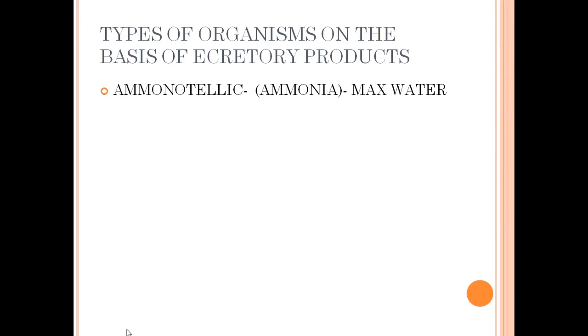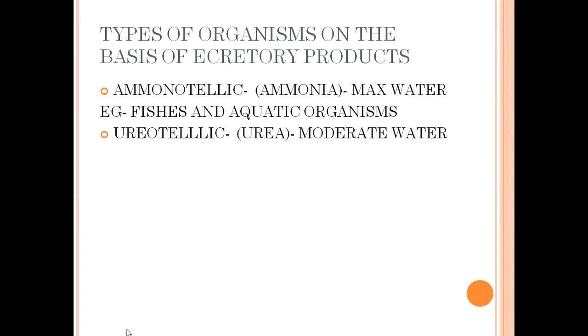The elimination of ammonia requires maximum water to be eliminated along with the waste. So water requirement is maximum in ammonotelic organisms. This type of excretion mode is seen in the organisms which inhabit aquatic environments or aquatic habitats. Thus, this can be seen in fishes and other aquatic organisms.